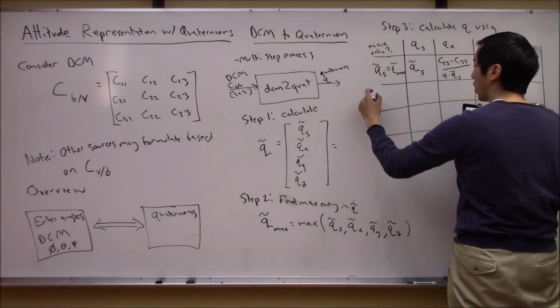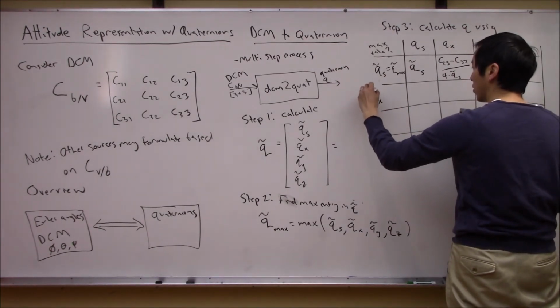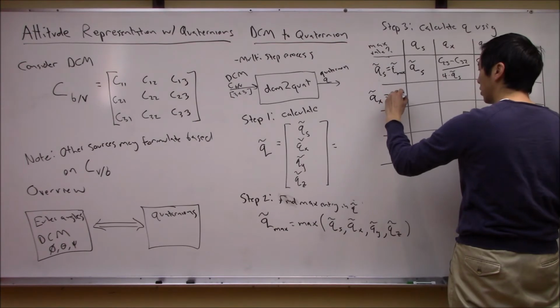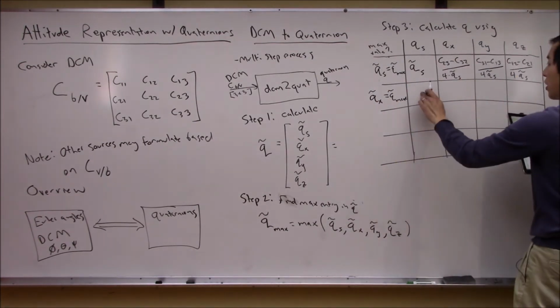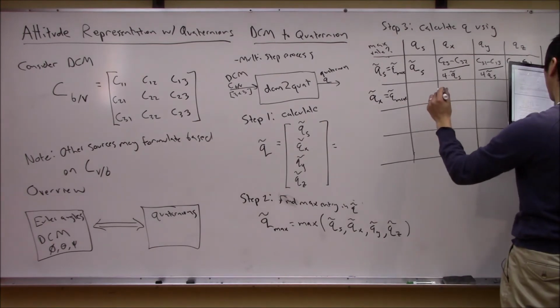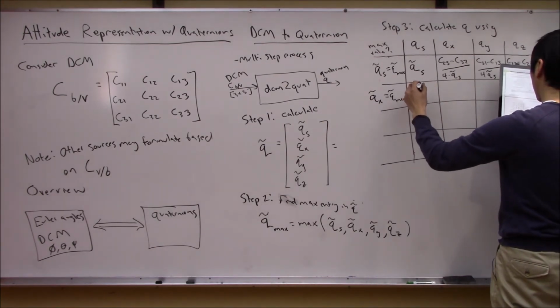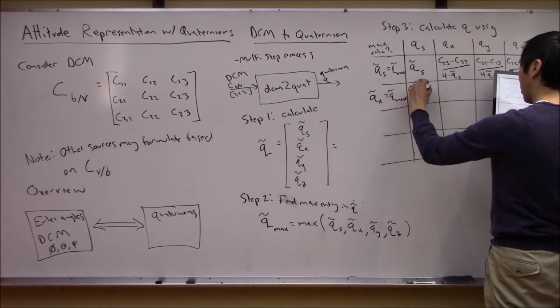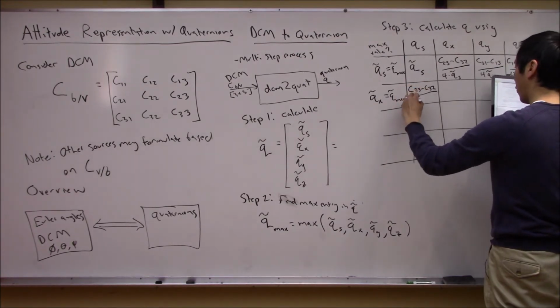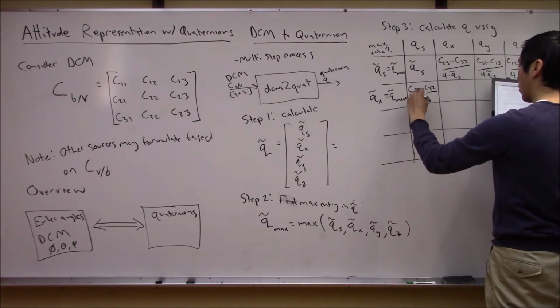The next one is, what if QX tilde was equal to Q max tilde? Now we're in the case where this was the biggest one. The way you recompute the elements of the resulting quaternion is C23 minus C32 all over 4 QX tilde.